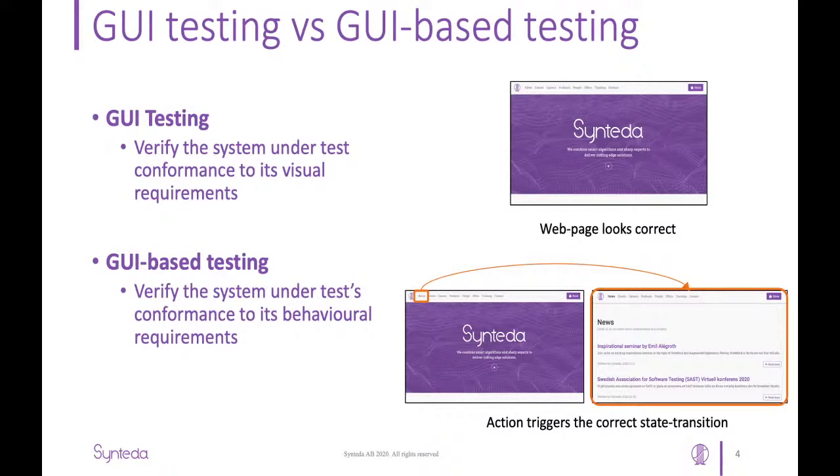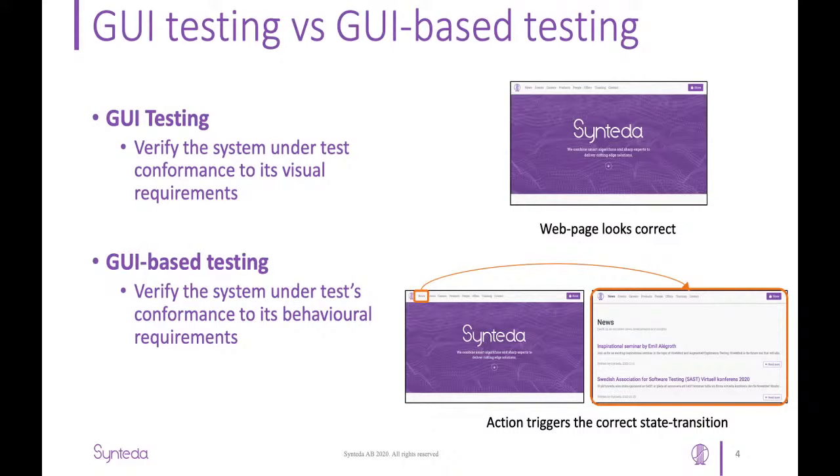UI-based testing, on the other hand, is more about verifying that the behavior of our application when we interact with it works as intended. So for instance, if we were to click on the news button there on Synteda's web page, then we expect to perform a state transition into the web page that shows us the news from Synteda.